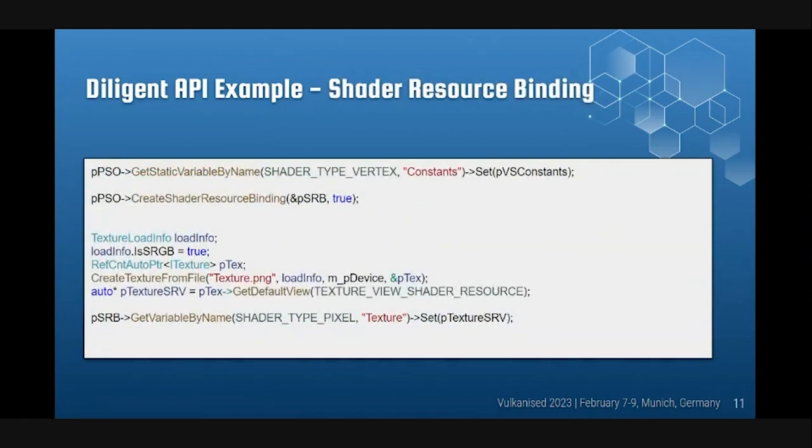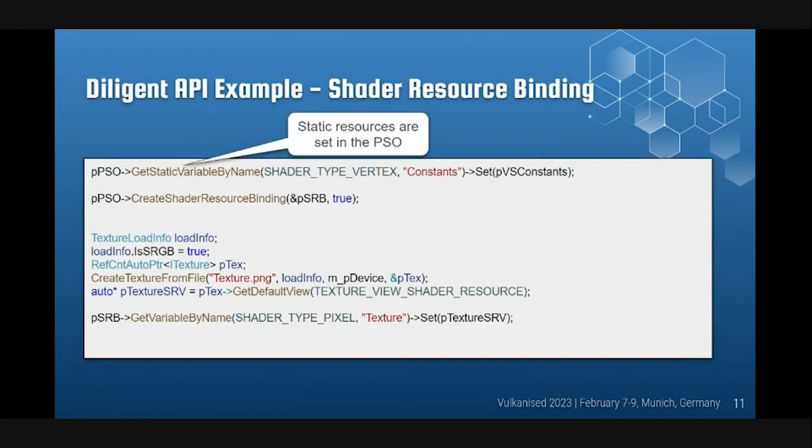Here we show how the bindings are set. As I said, there are 3 resource categories: static, mutable, and dynamic. Static resources are set directly in the pipeline state object. They are kind of the counterpart to immutable samplers that are baked into the pipeline.